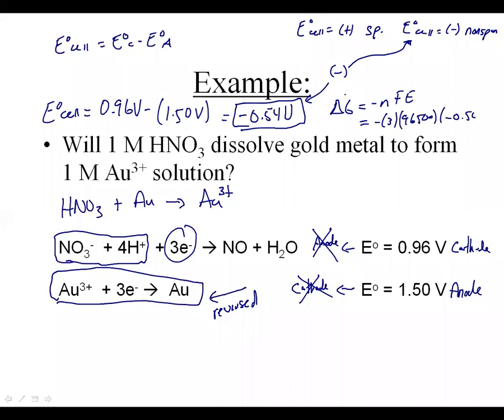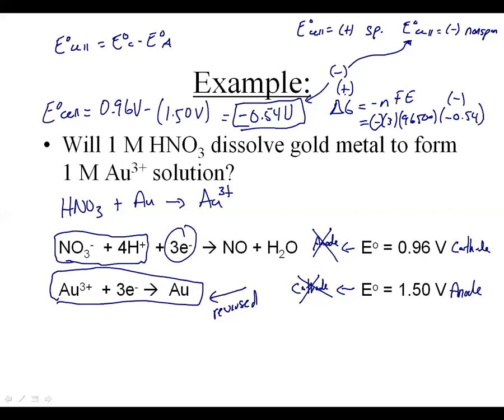Not really worried about the number, but our negative and our negative turn our delta G into a positive. A positive delta G means non-spontaneous. We have a negative cell voltage, which also means non-spontaneous, and this will not occur.